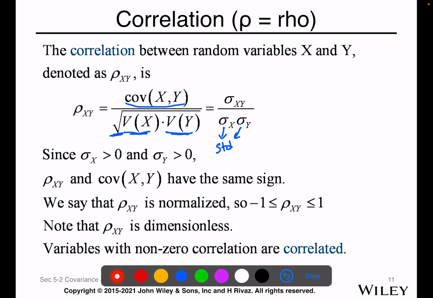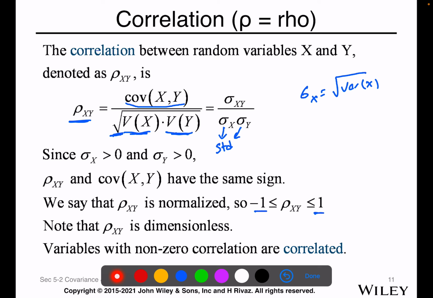Remember, sigma x is equal to the square root of the variance of x. One nice property of correlation is that it's always between -1 and +1. We say that it's normalized. It can't be outside of the -1 to 1 range.